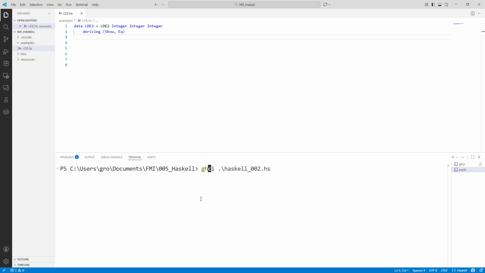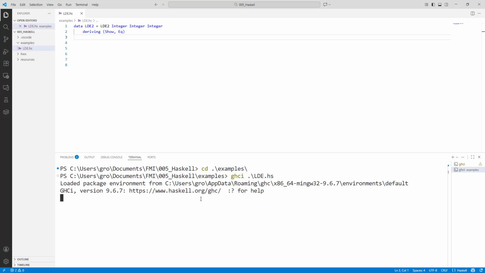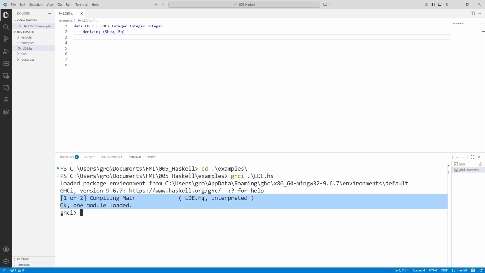Before this we need to go to our examples folder, and there we press GHCi and then LDE. Yes, this is how it works. And now we are in the terminal. So we have one of two modules loaded. Yep, LDHS is the first one, interpreted is the second one. So perfect.